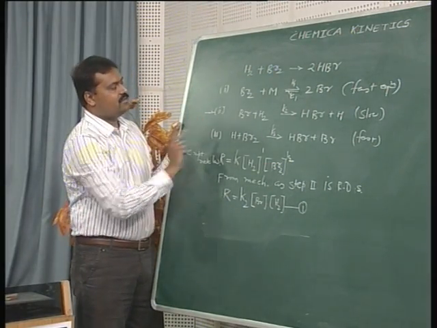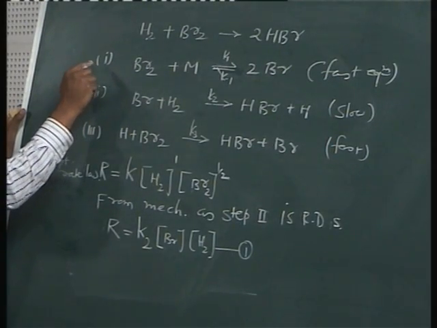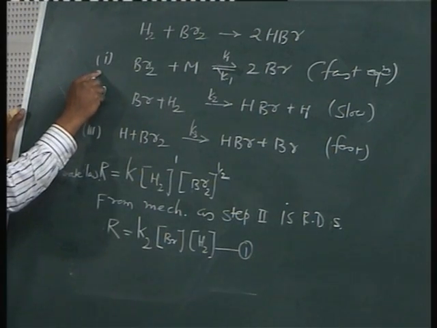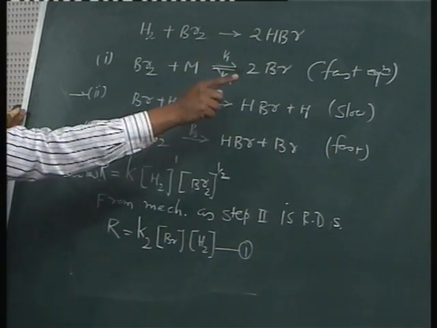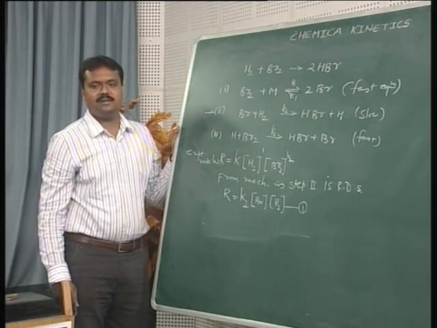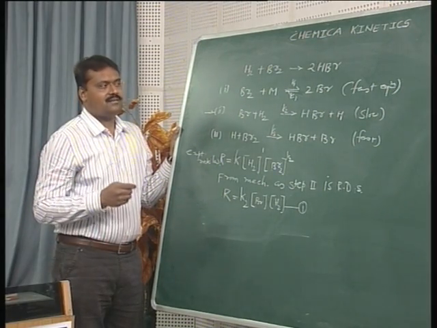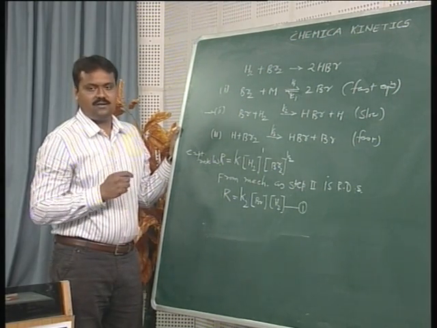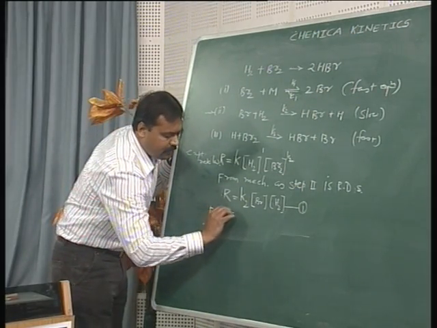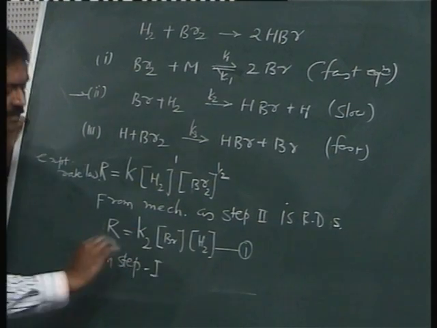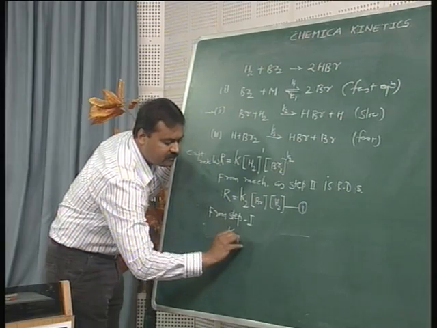So looking at the mechanism, we can say that step 1 is the reaction which correlates Br2 with Br, but at the same time it is an equilibrium reaction, it is a fast reaction, and therefore we can write the equilibrium constant of the reaction. So from step 1 we can write the equilibrium constant of the reaction, that is K equilibrium.